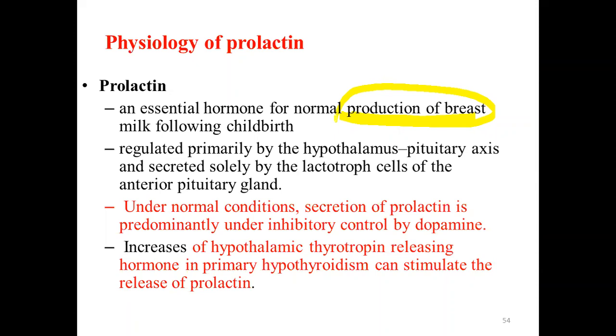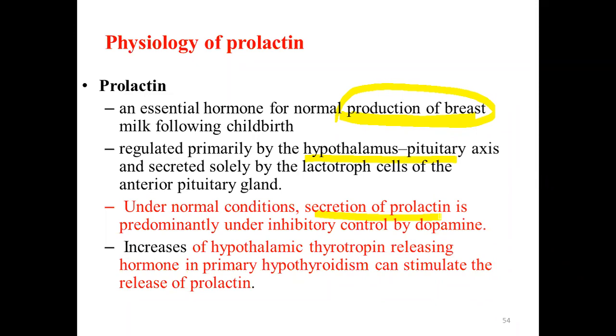We have already discussed the regulation mechanism of prolactin, but mainly it is regulated by the hypothalamus-pituitary axis, and it is produced from the anterior pituitary gland. In normal conditions, the secretion of prolactin is under tonic inhibition of dopamine. That is how it is regulated in the body system.